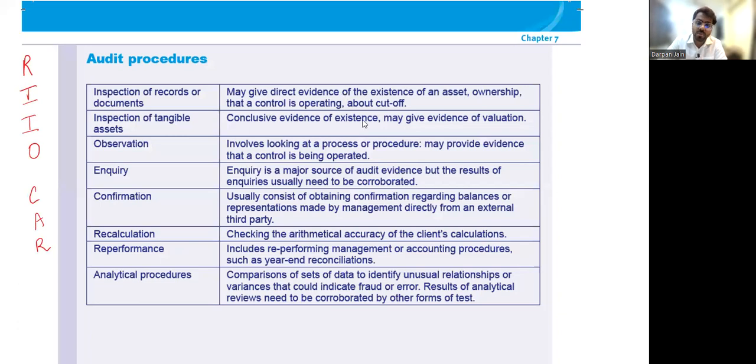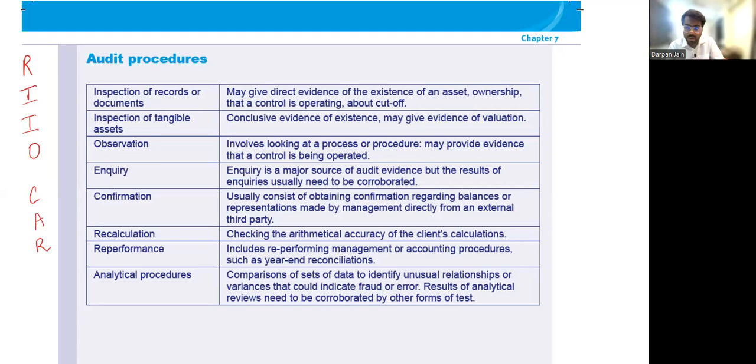Inspection of tangible assets. Yes, correct, Vandita. We saw inspection of tangible assets, right? What did I tell you? You're going and inspecting whether that tangible asset is actually existing or not. That is inspection of tangible assets. You're going and checking whether that inventory actually exists in the warehouse or not.